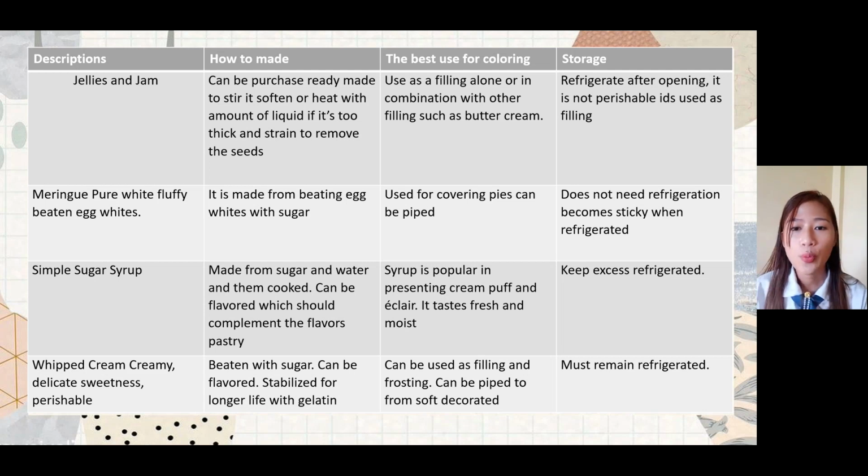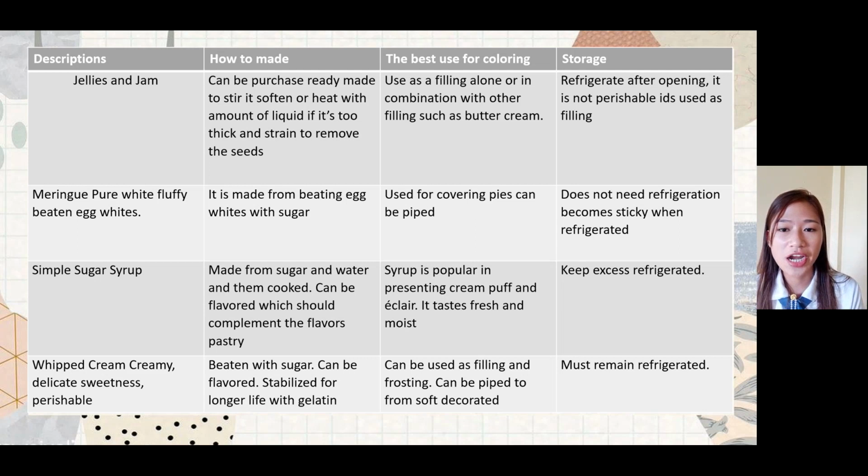The next is whipped cream: creamy, delicate, sweet, perishable. Beaten with sugar, it can be flavored and stabilized for longer life with gelatin. If you try to make an icing made from cream or all-purpose cream, you may refrigerate it, not in a freezer, to be set and thickened.